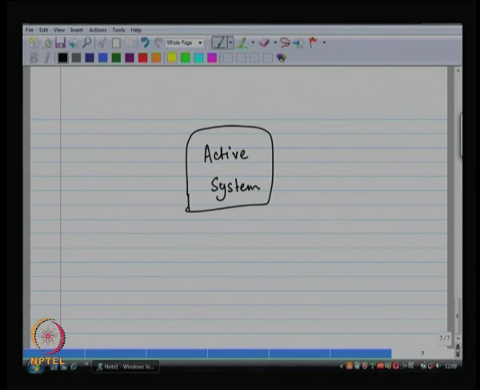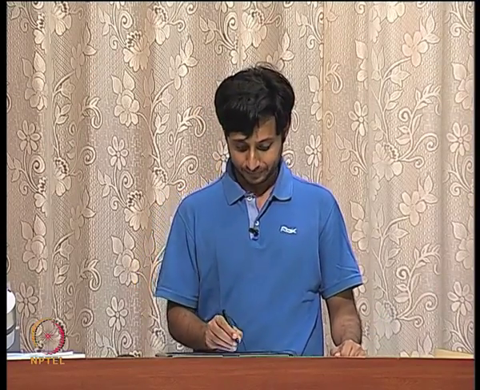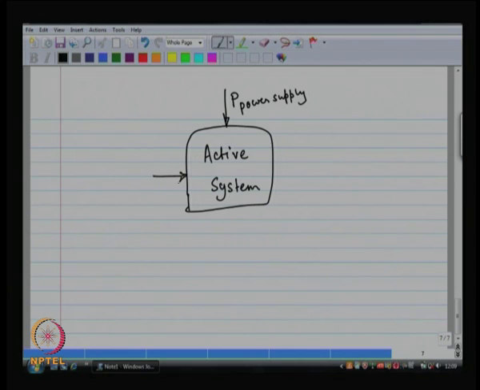Power into this system comes from its power supply, it has a power supply, bias voltages, bias currents. So, these bias voltages and bias currents deliver power to the circuit. It also comes from the signal or the input.